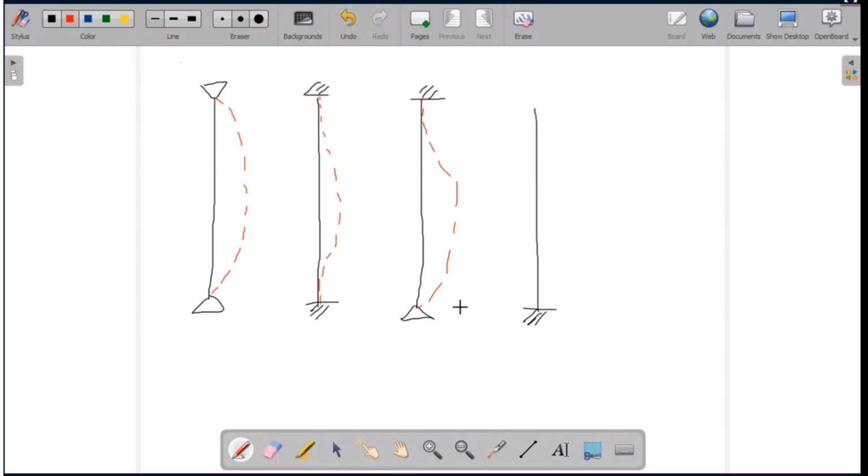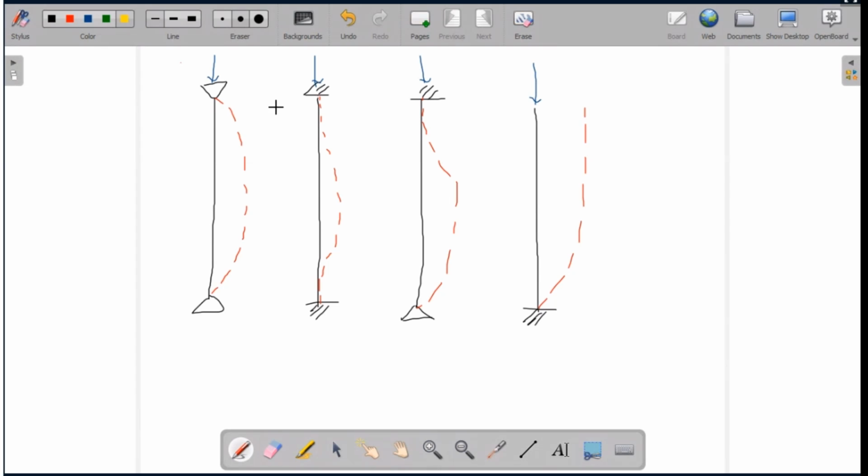And here we consider the deflection to be like this. We consider that there are compressive loads applied here.